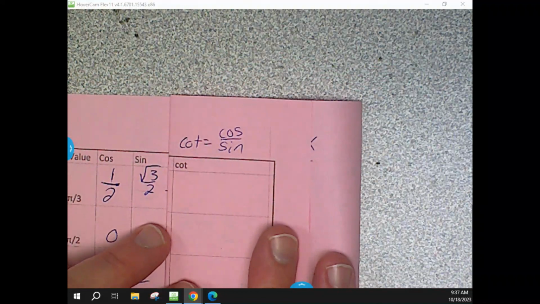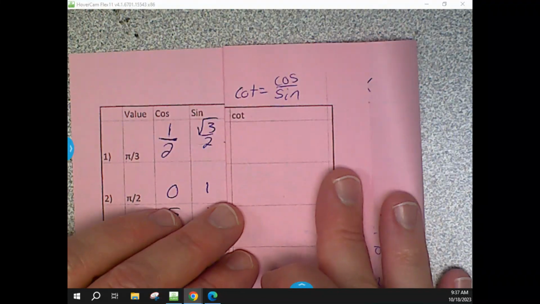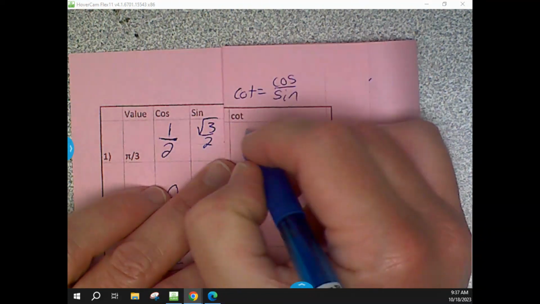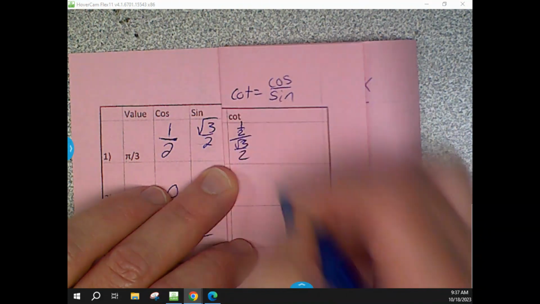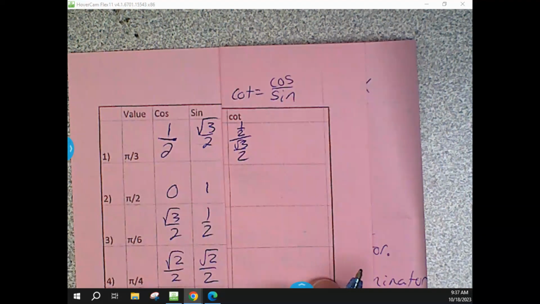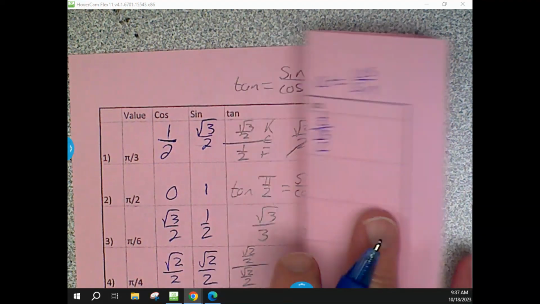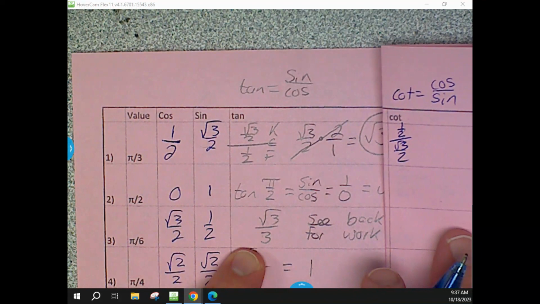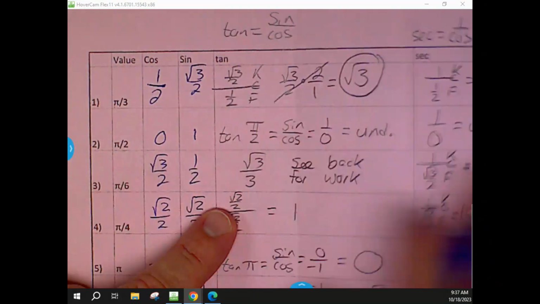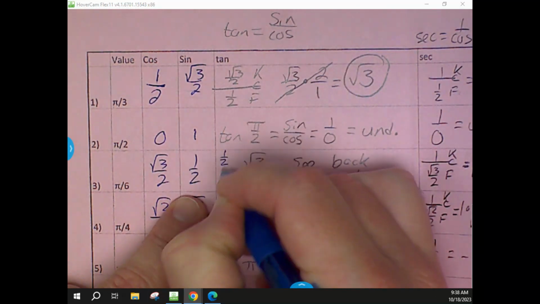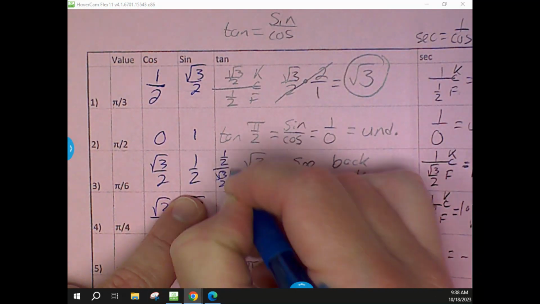Okay, so if we do cotangent, cosine over sine. For this one, that's 1/2 over square root of 3 over 2. But again, if you go down here and look at number 6, that's the exact same thing we had for number 6 because it was 1/2 over square root of 3 over 2.